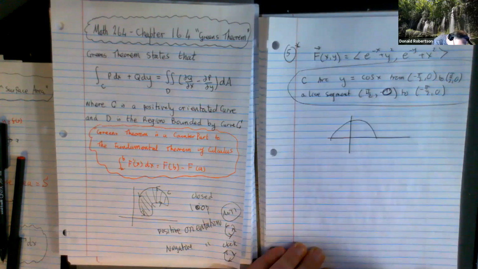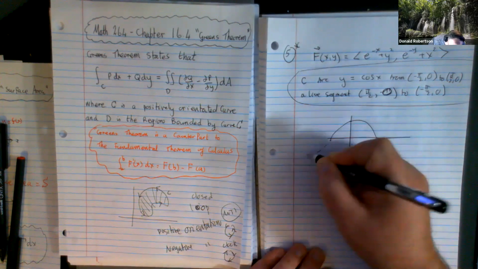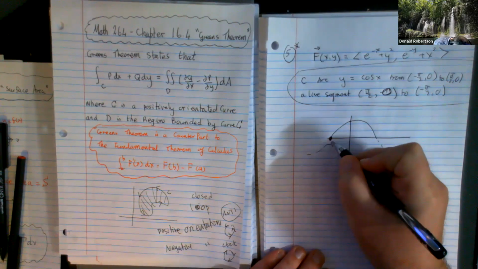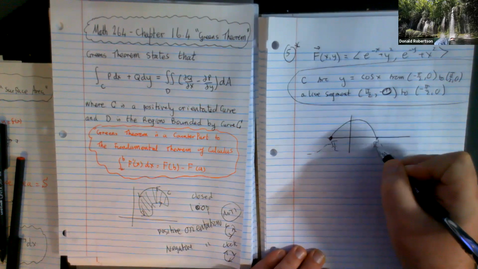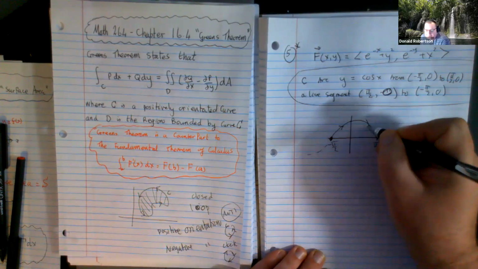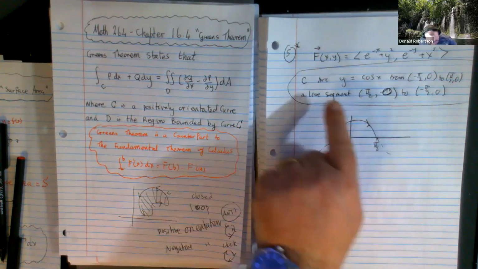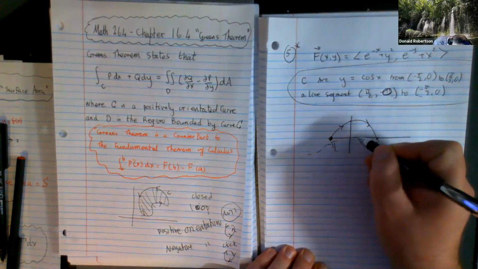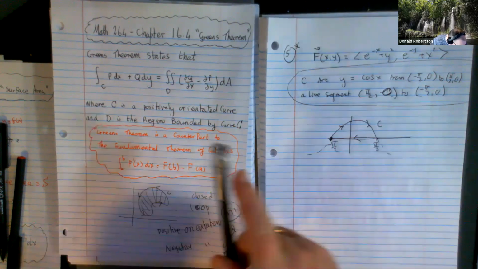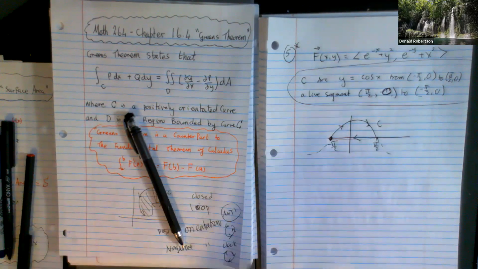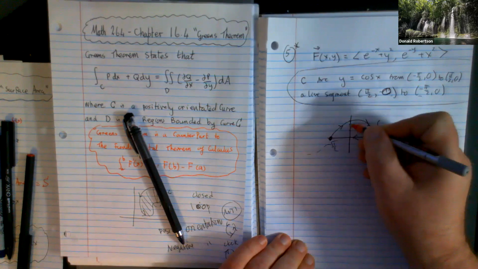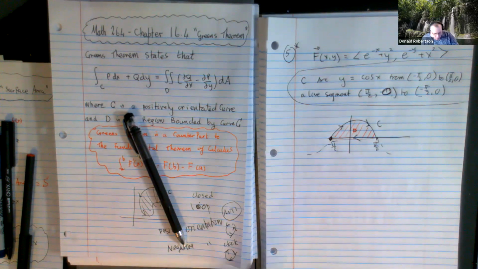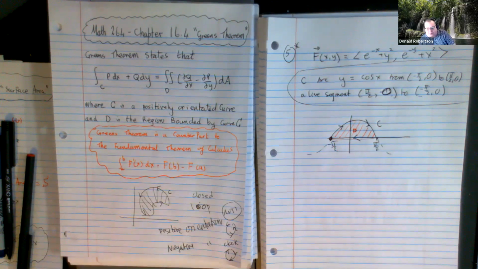Well, actually, looks a lot more like that, right? But we're only going to start here and finish here. So we are traveling that way, agreed? That's what this bit means. And then we're going from here to here, which means we're going back that way. Can you see the curve C now? And can you also see D? Are we comfortable with that piece to the puzzle?